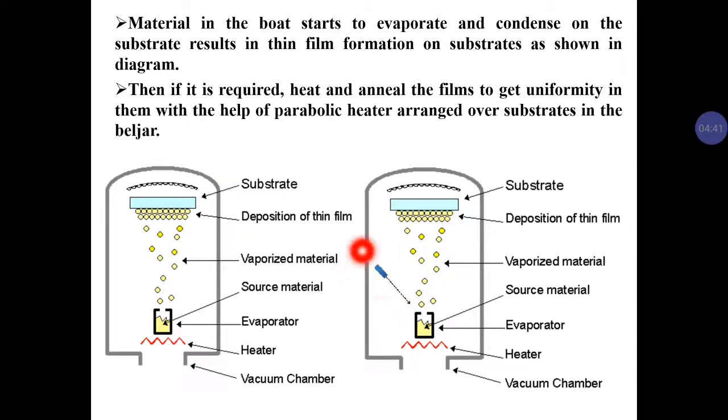We need the use of a laser. A high power laser is used to ionize the material, so the gaseous phase of the atoms is obtained. We create that gaseous phase, and then the formation of the thin film occurs.